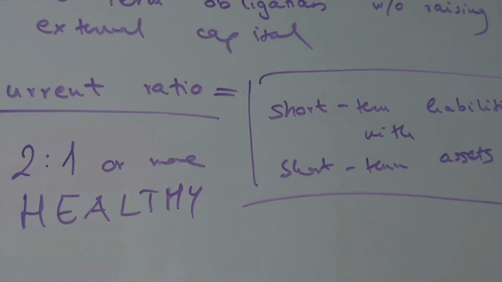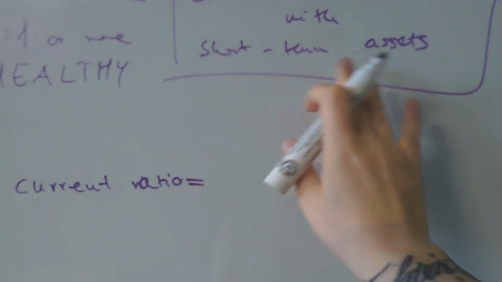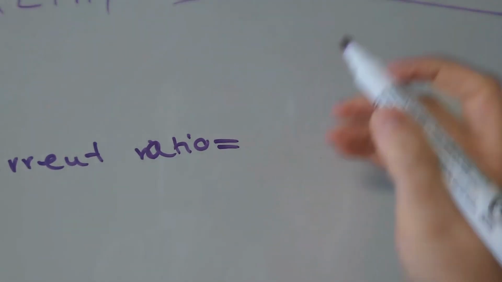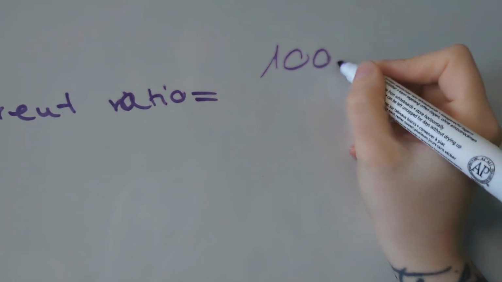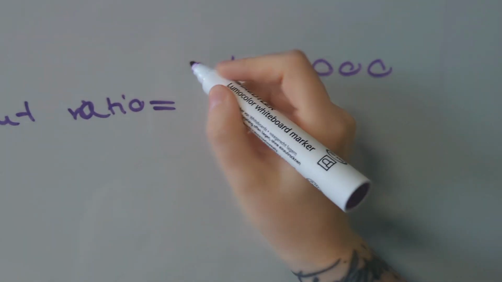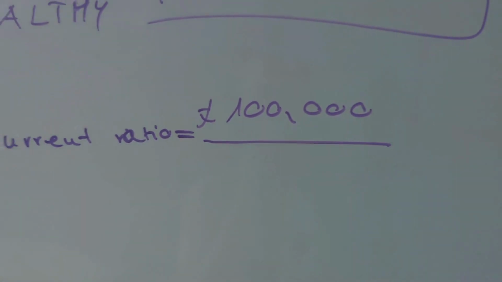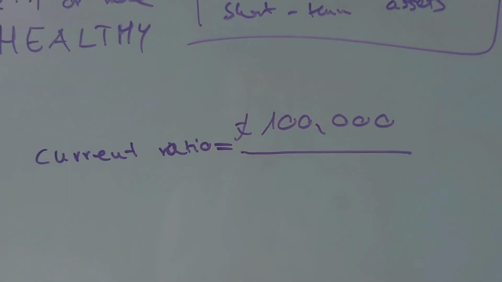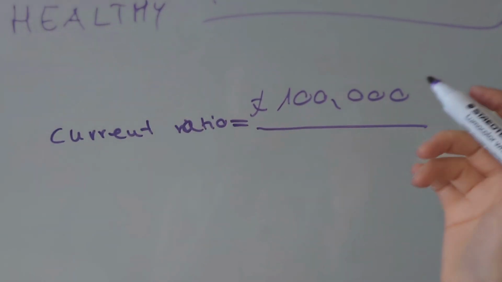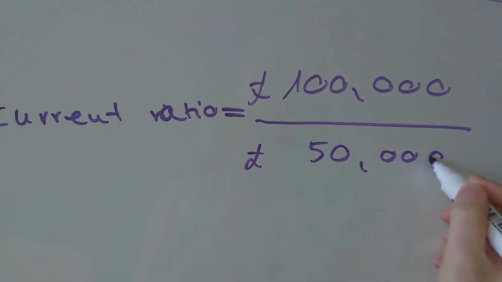I just realized that. You need to know how much is the worth of your short-term assets. So let's say your short-term assets worth £100,000. That you will divide with your short-term liabilities, and let's say your liability payments is just half of that. We're just going to use easy numbers so everyone can understand.